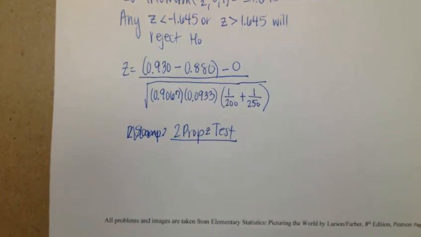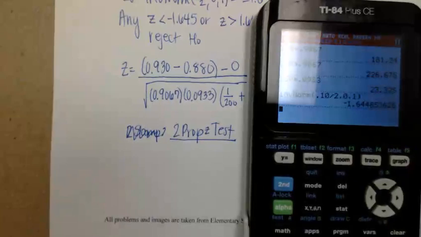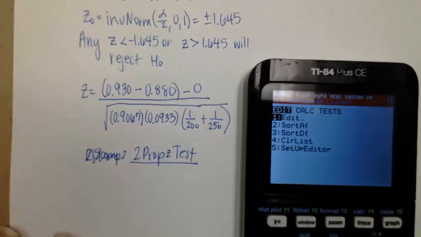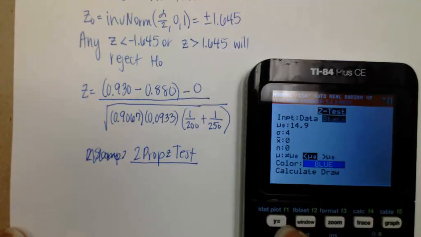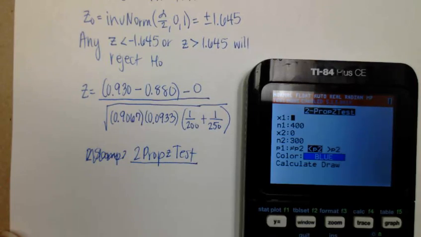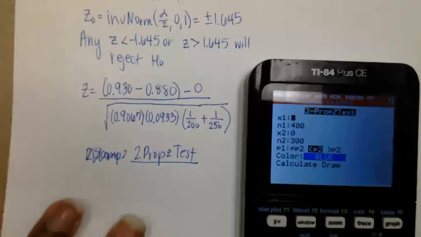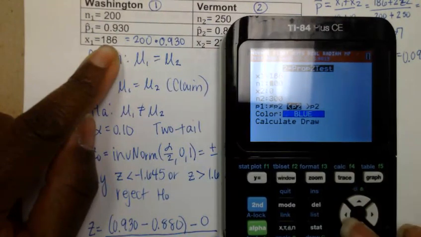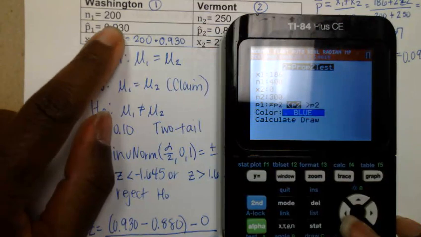So that's stat, test, 2-prop z-test. x1 is 186, n1 is 200.